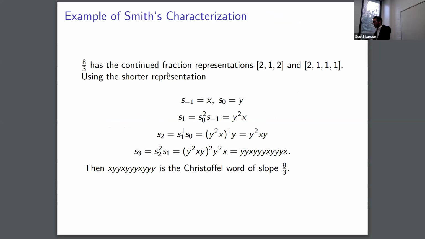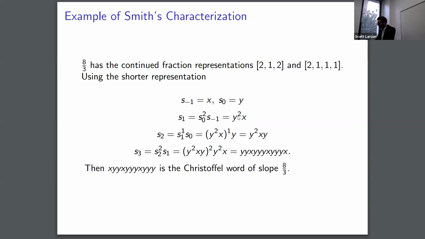Here's an example. We have 8/3, which has these two continued fraction representations. We're just going to use this first one, the shorter one. So our base cases are always the same. You take S sub 0, and what's that first convergent? We got 2, so we square that.